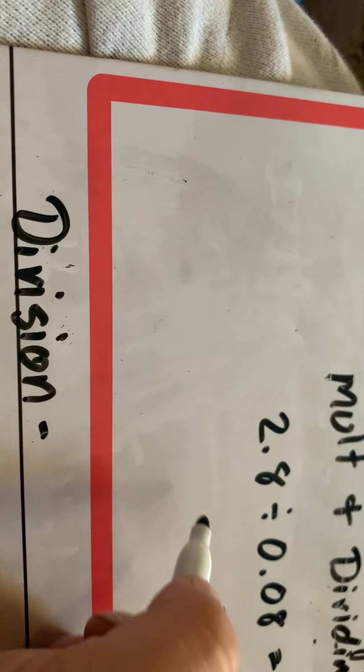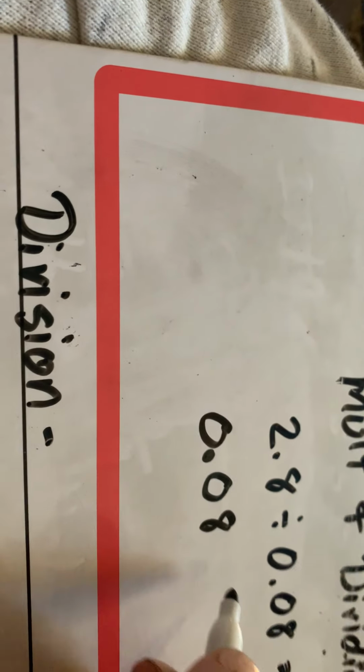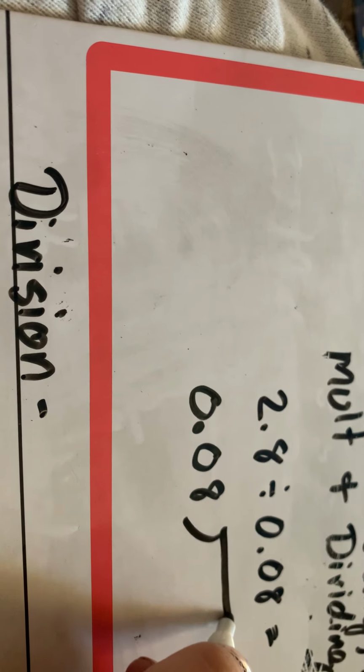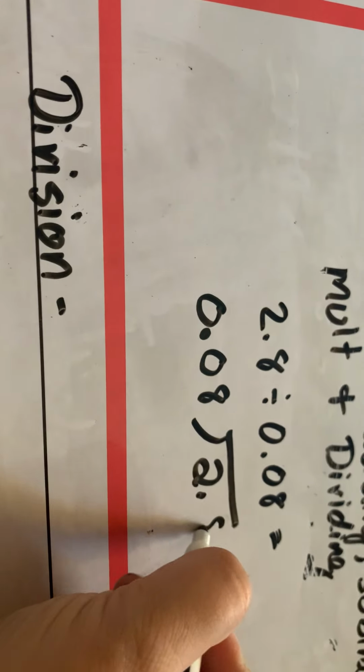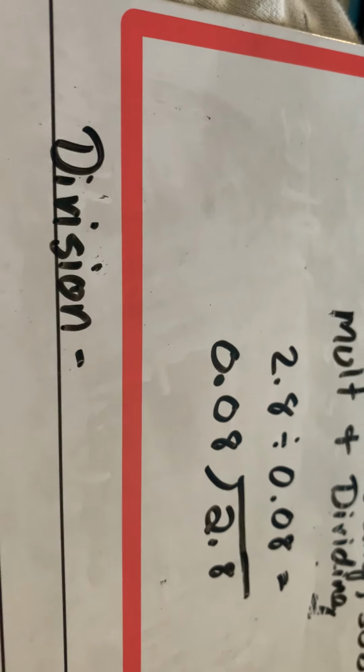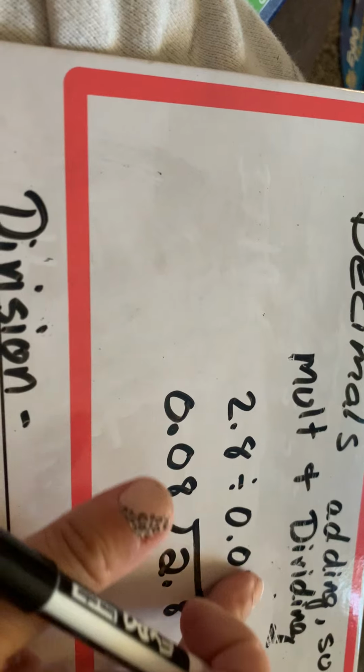Now, I'm going to rewrite this so that it says 8/100 and then 2 8/10. Okay, I like it written like this. I'm going to move this so I have a little more room on top. I'll move it up here for you.